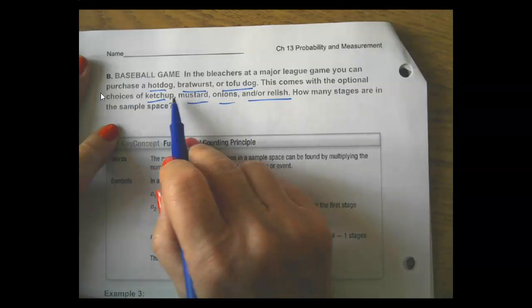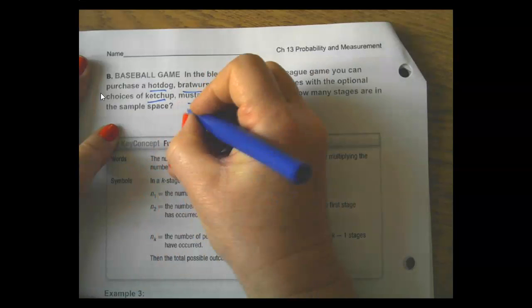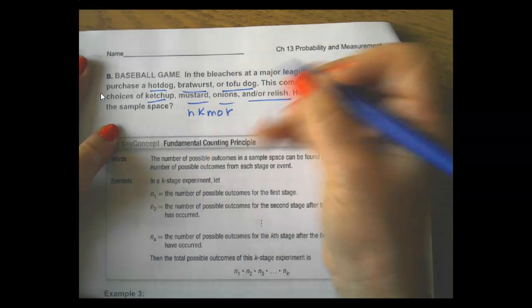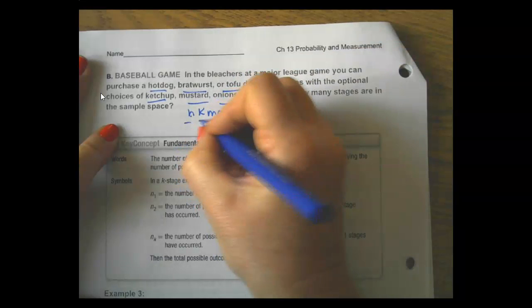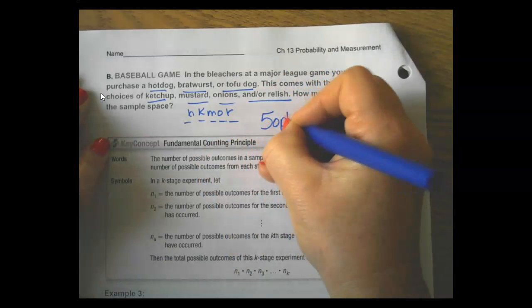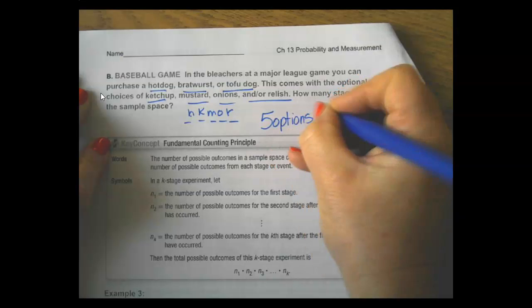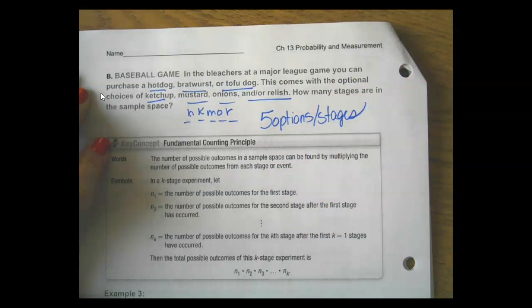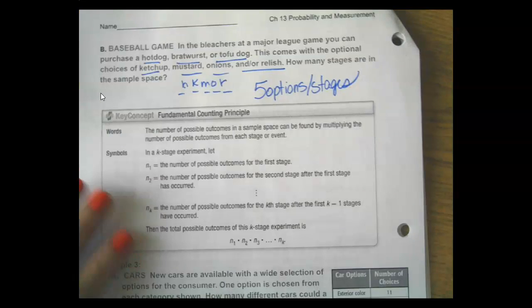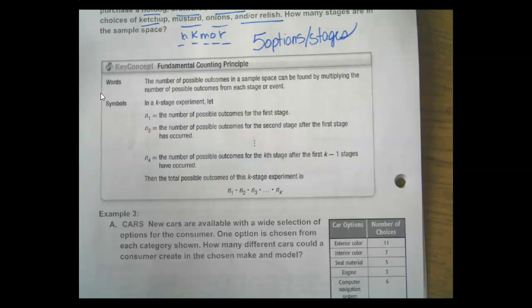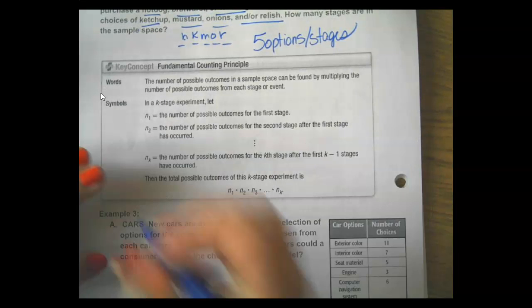And then these choices. So that's like hot dog, ketchup, mustard, onion, and relish. So it's 1, 2, 3, 4, 5. So there's 5 options or stages. All right. This fundamental counting principle is that you're just multiplying. So you are multiplying the outcomes.